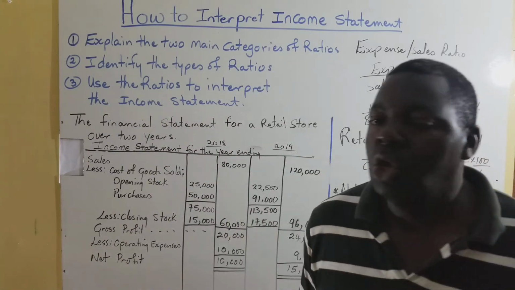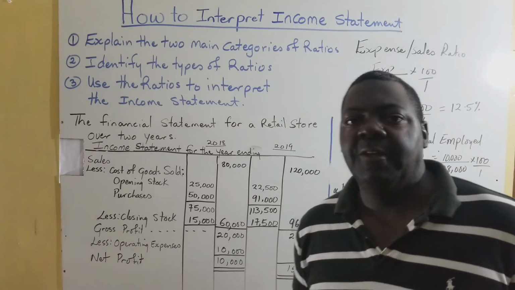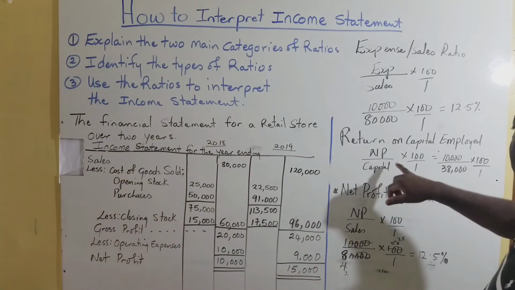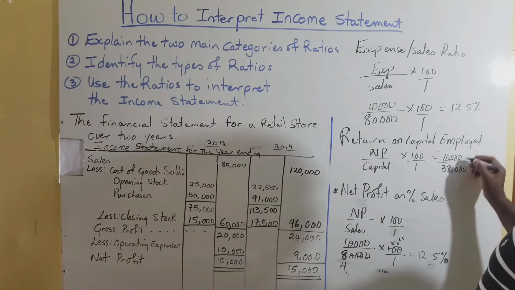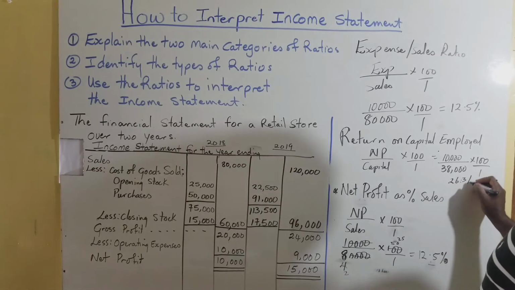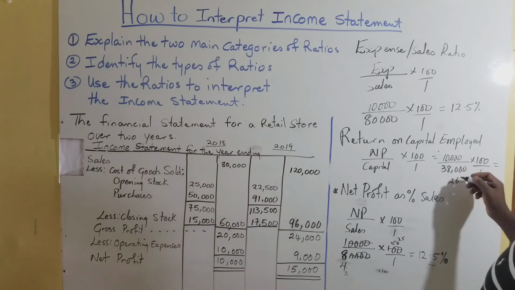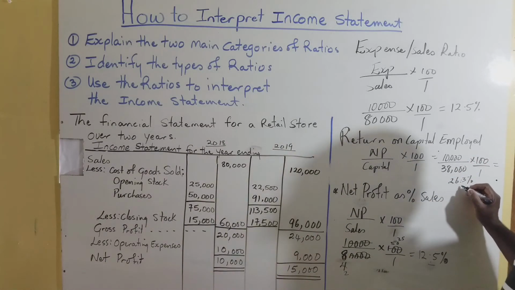All right, so when we work out the ROCE ratio, net profit over capital times 100 over 1, let's work it together. When we work this out, it would be 26.3%. So on the return on the capital, we're making 26% on our investment in the business.